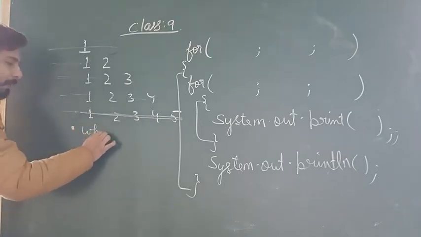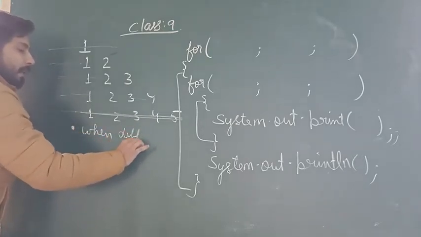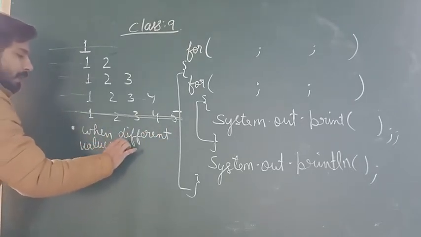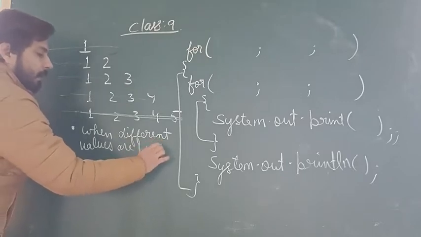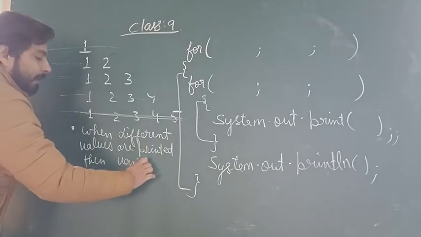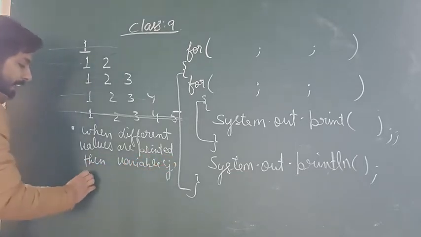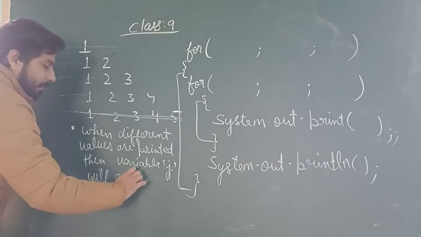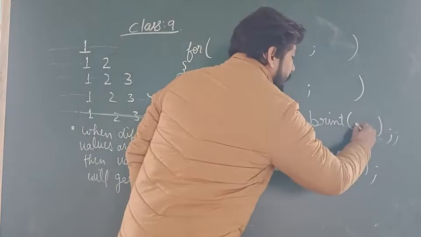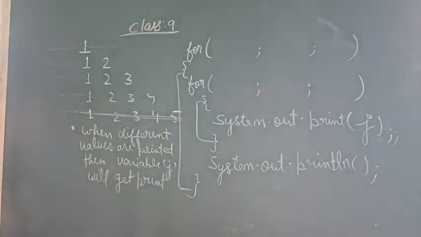So when different values are printed, then variable j will get printed. That is your inner loop variable. Okay, the first step.